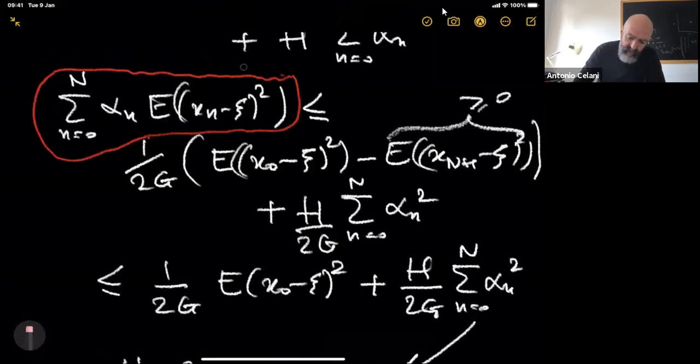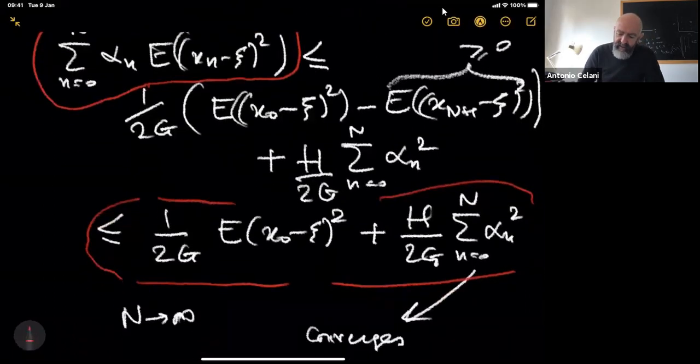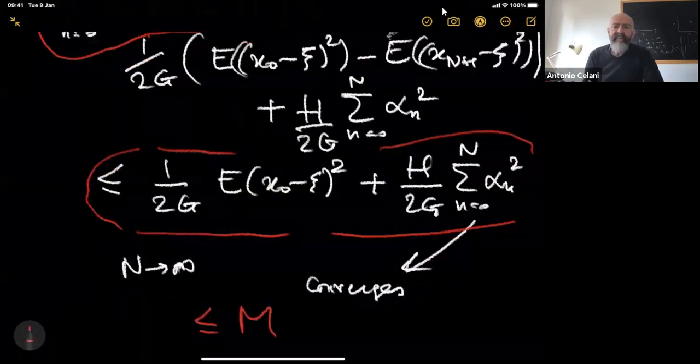Sorry. So we have this on the left hand side, and we have this on the right hand side. And by my hypothesis, everything that is on the right hand side must be smaller than some other constant capital M because of convergence of the series.